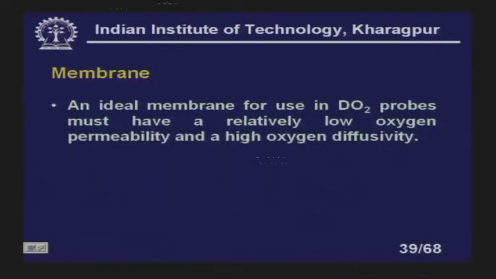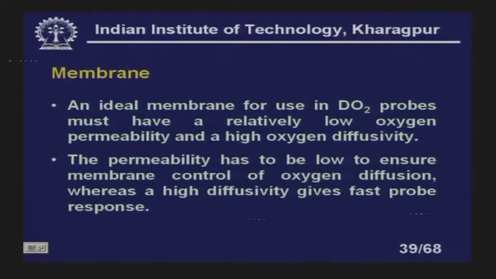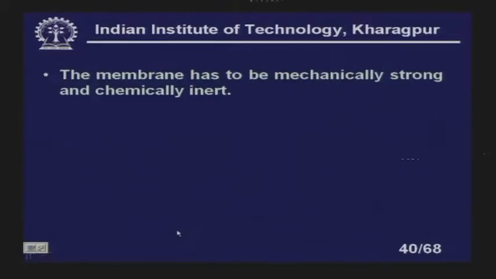Membrane. An ideal membrane for use in DO2 probes must have a relatively low oxygen permeability and high oxygen diffusivity. The permeability has to be low to ensure membrane control of the oxygen diffusion, whereas the high diffusivity gives a fast probe response. So, you have to make a compromise.